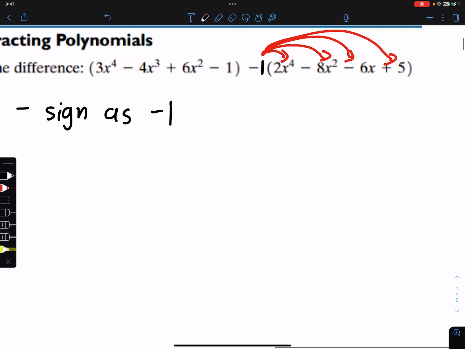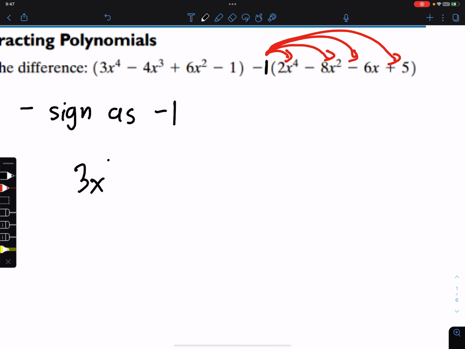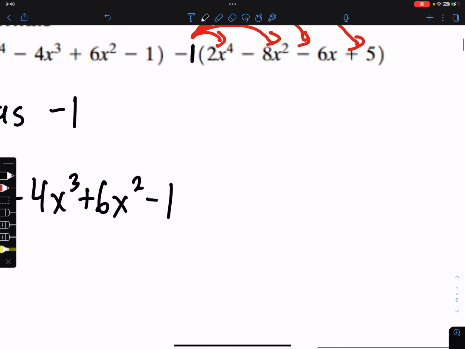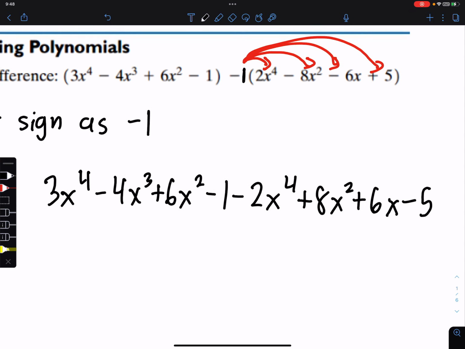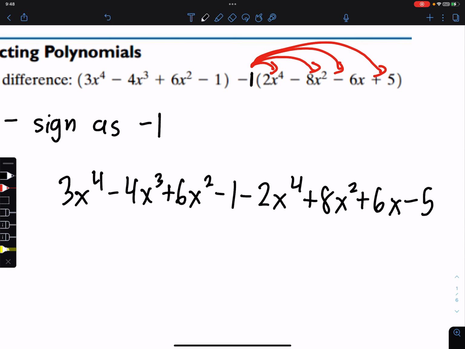So we have our original stuff, 3x to the 4th minus 4x cubed plus 6x squared minus 1. Distributing the negative 1, minus 2x to the 4th plus 8x squared plus 6x minus 5. And really what a negative does is it flips the sign.